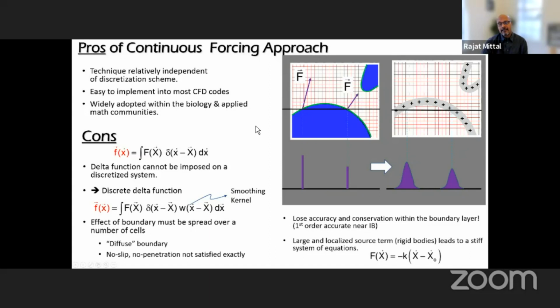The biggest advantage in my view is that it's very easy to implement in any code. You can start with any CFD code, and literally write a small subroutine and implement Peskin's immersed boundary method fairly easily. So this method has really made immersed boundary methods available to a very large community.